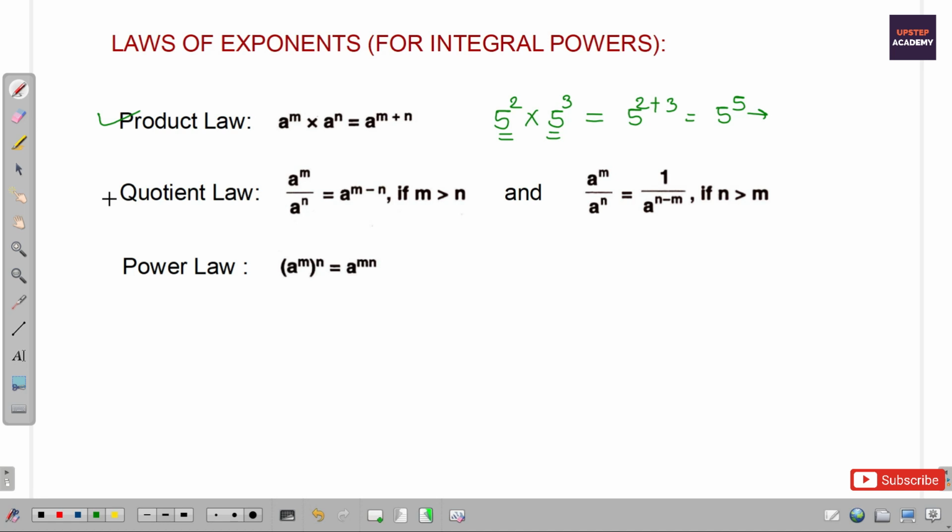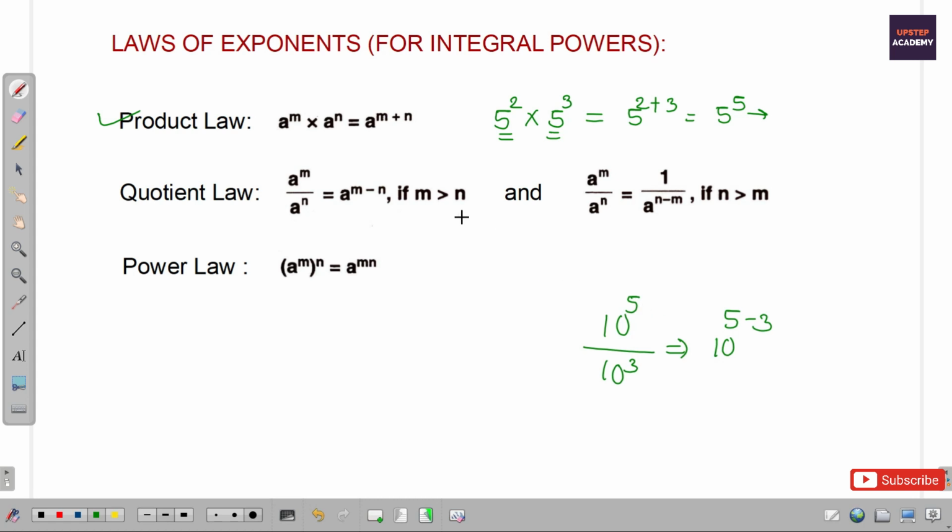Let's go and see the second law. The second law is the quotient law. Here you can see the quotient law: a raised to m upon a raised to n will be equal to a raised to m minus n if m is greater than n. Let's take 10 raised to 5 divided by 10 raised to 3 as the given thing. It will be equal to 10 raised to 5 minus 3, right?